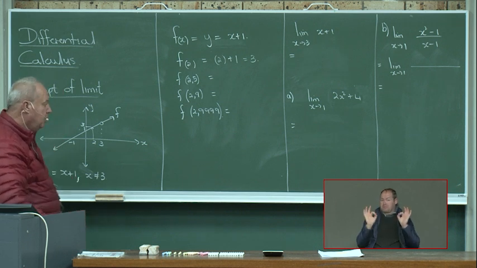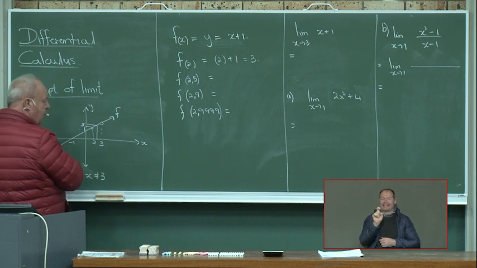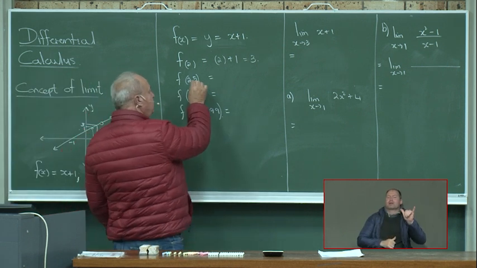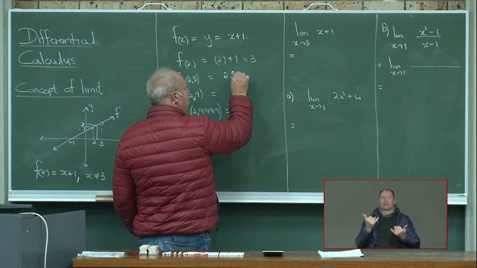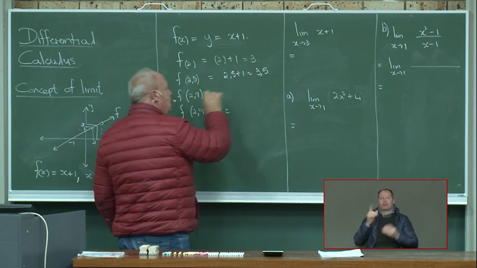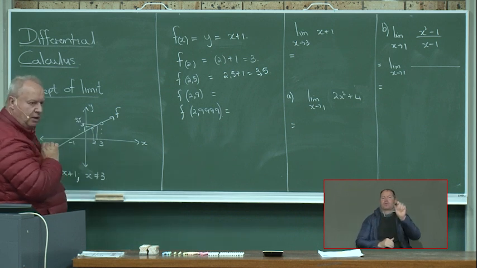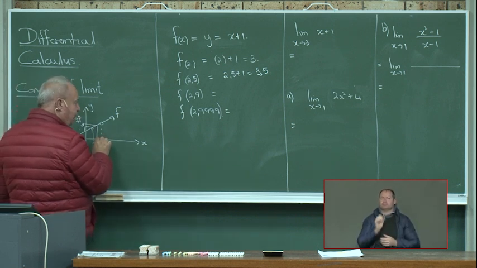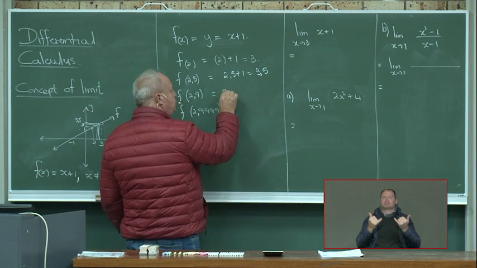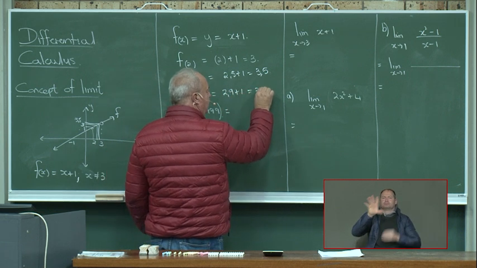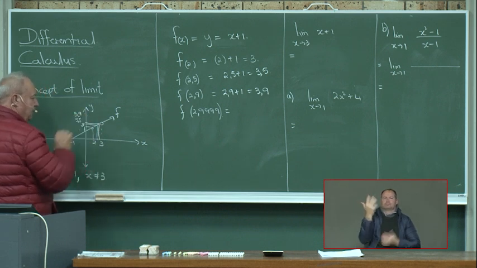If I go to 2.5, x now becomes 2.5. What's my corresponding y value? Wherever there's x, I put 2.5 + 1, and that is equal to 3.5. If it becomes 2.9, my corresponding y value is 2.9 + 1, which is equal to 3.9.